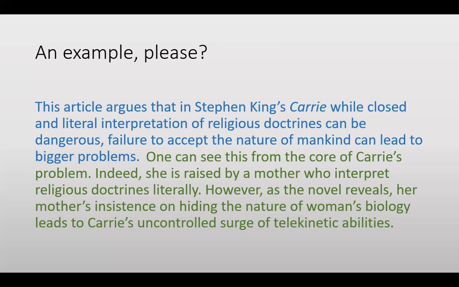Indeed, she is raised by a mother who interprets, sorry for the grammatical mistake here, religious doctrines literally. And then I support again here with, however, as the novel reveals, her mother's insistence on hiding the nature of woman's biology leads to Carrie's uncontrolled search of telekinetic abilities. This is the support for that argument.